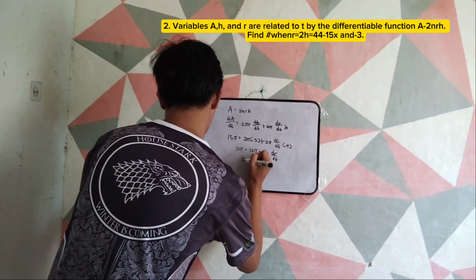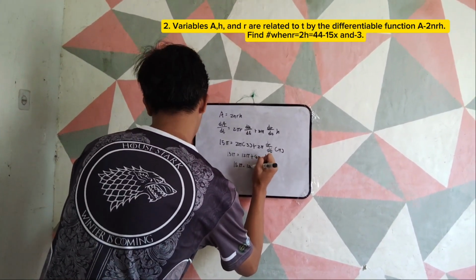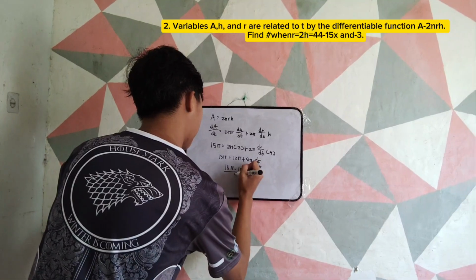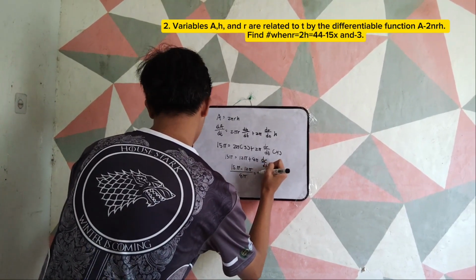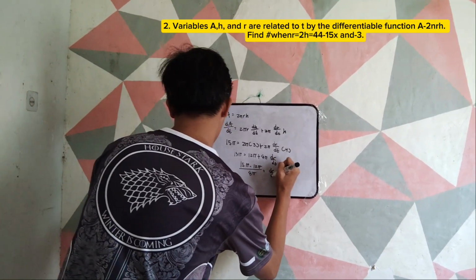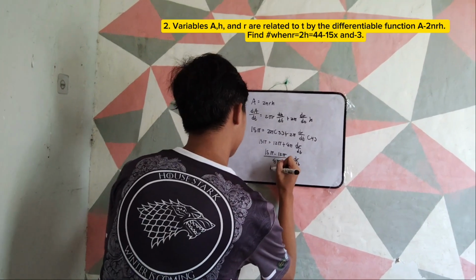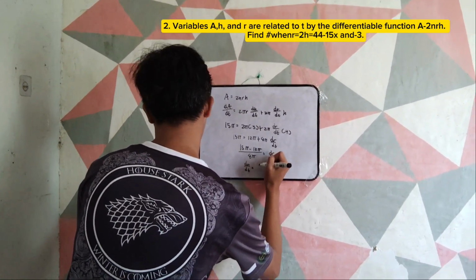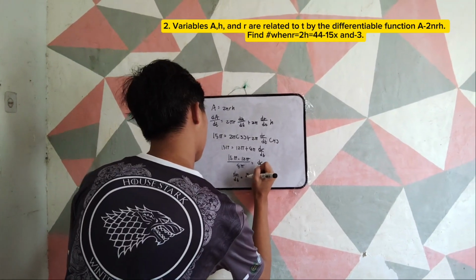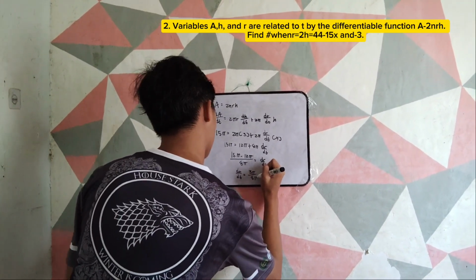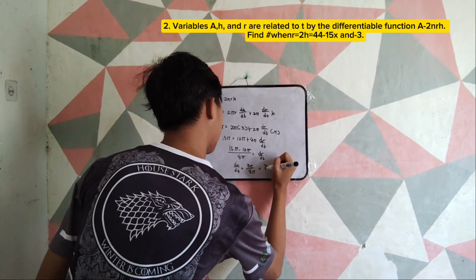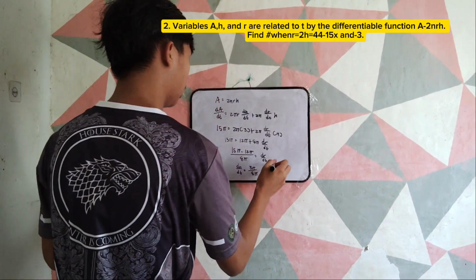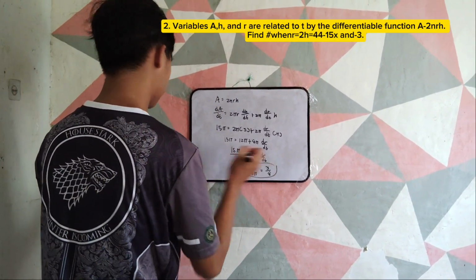Therefore 15 pi minus 12 pi over 8 pi is equal to dr over dt. So therefore dr over dt is equal to 3 pi over 8 pi, or 3 over 8. So that will be the final answer.